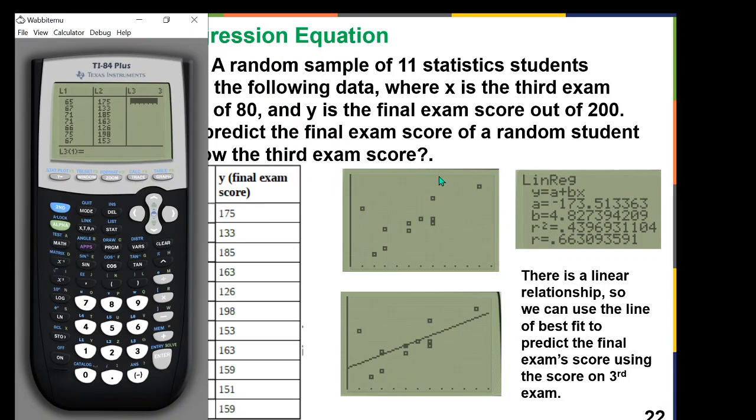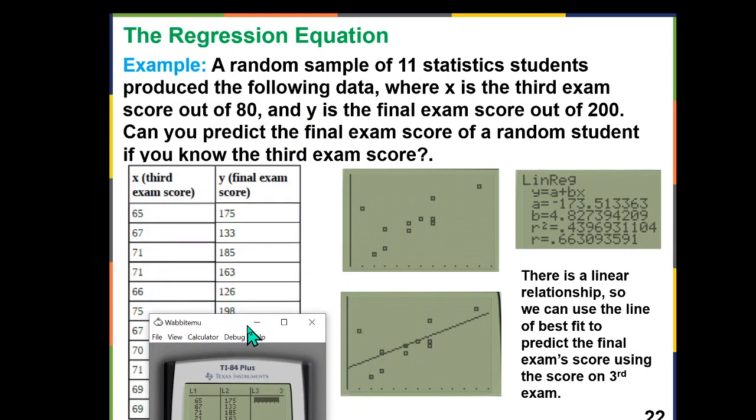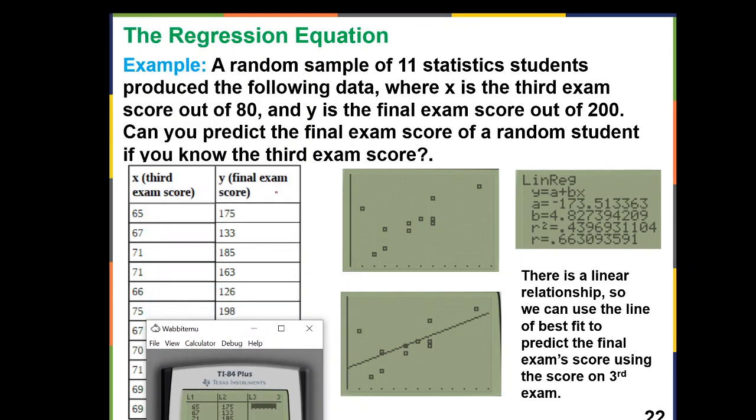So the question is, is there a correlation between the final exam score and the third exam? That means if I know that a bunch of students average, for example, 71 on the third exam, can I say what those students average on the final would be? Yes, I can make a model here, create a model and use it to predict, right?